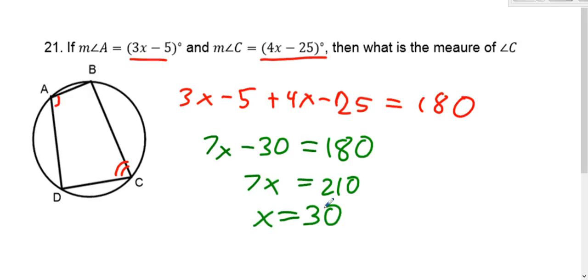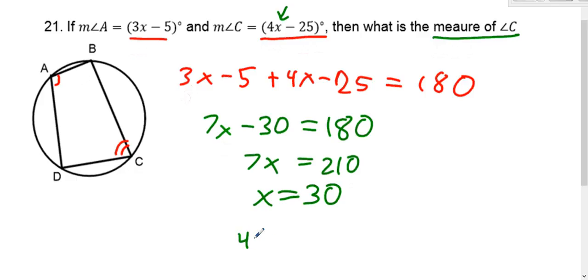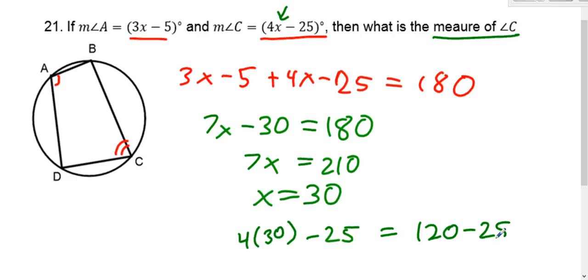But it doesn't say what's the value of x, it says what's the measure of angle C. So we're going to plug the 30 in to find the measure of angle C. That's 4 times 30 minus 25. That's 120 minus 25, which is 95 degrees.